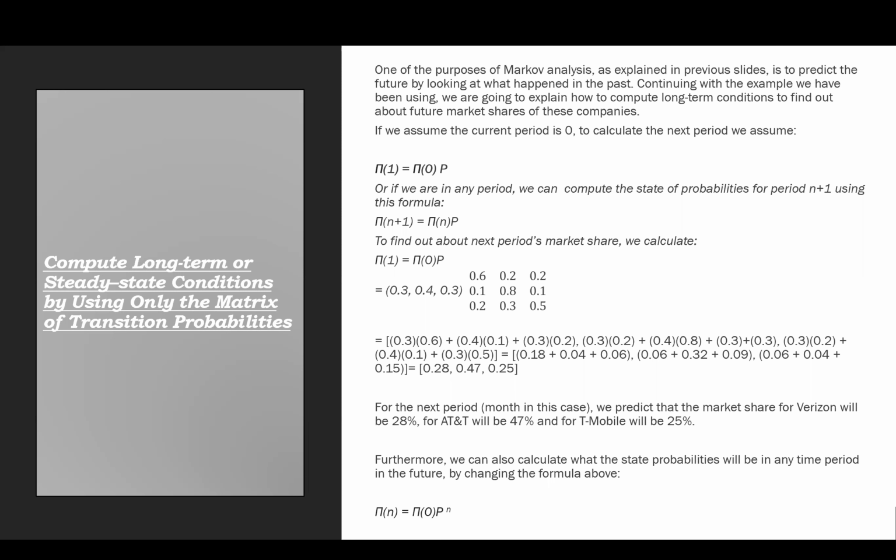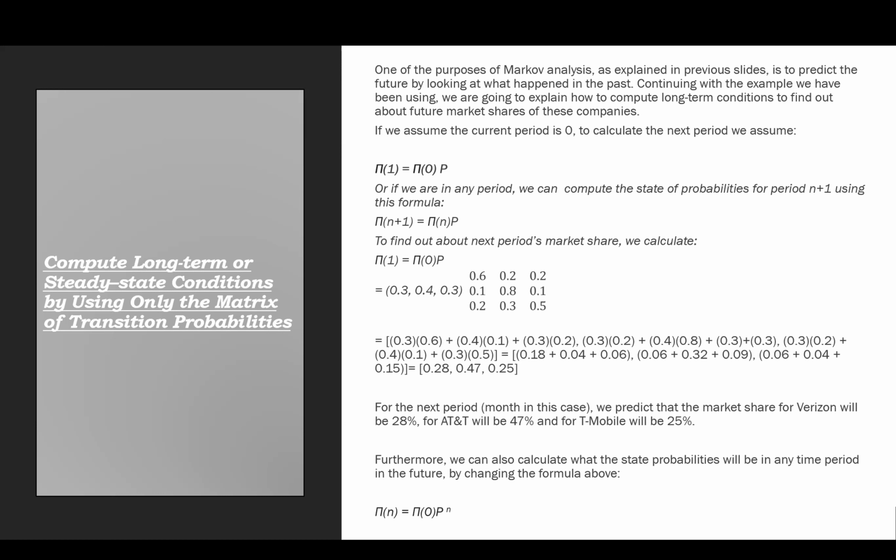Going back to finding the next period's market share, we need to calculate the vector multiplied by the matrix, and we obtain 0.28, 0.47, and 0.25. This is the next period market share for each of the 3 companies. Verizon's market share will be 28%, AT&T's will be 47%, and T-Mobile's will be 25%.